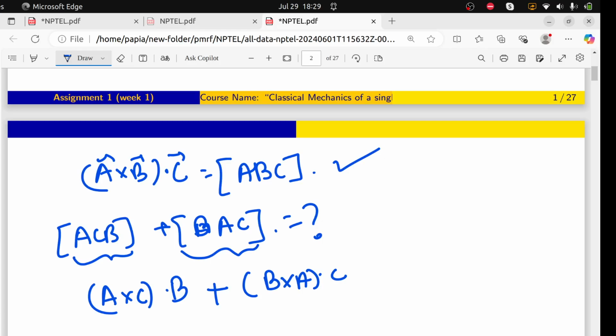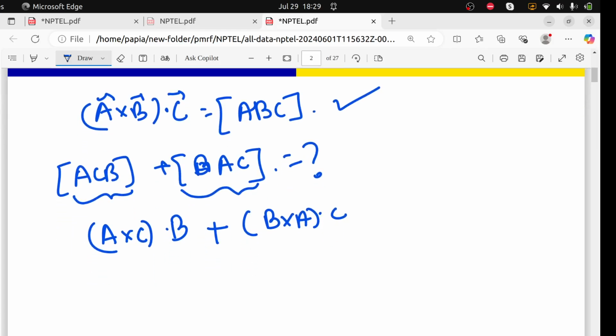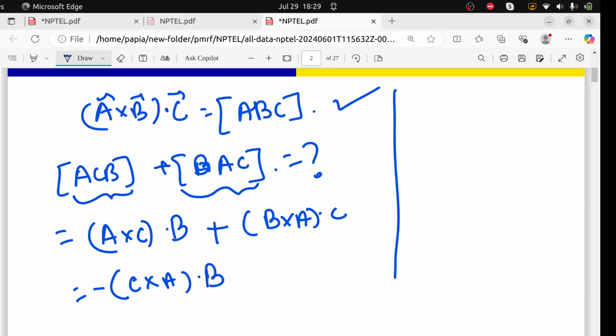Okay? So if it is like that, then I can write one thing as well: minus C cross A dot B. Why minus C cross A? Because there is one vector rule that A cross B is minus B cross A, and also A dot B equals B dot A. You should remember these two expressions, right?